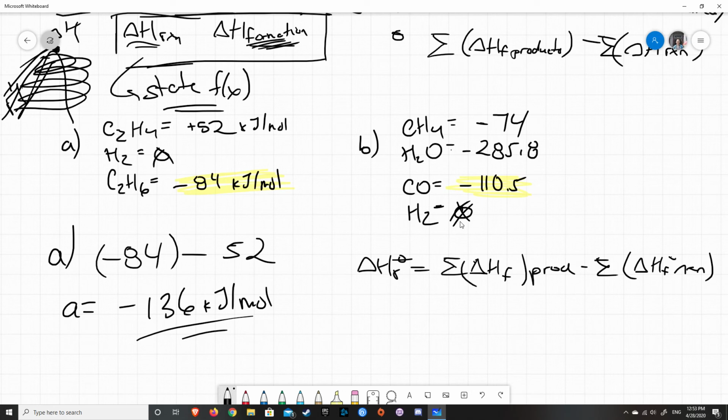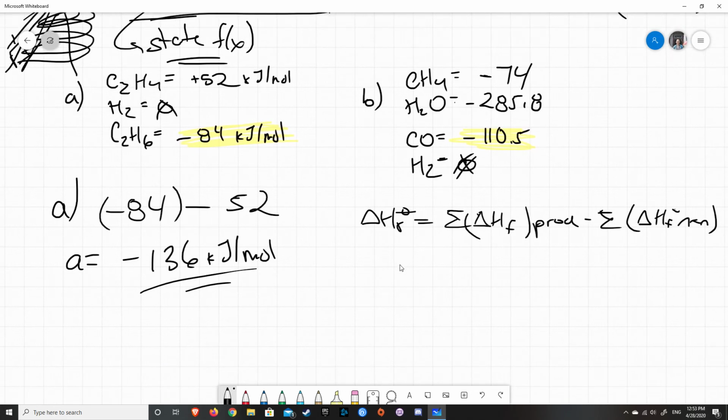So delta H is equal to negative 110.5 minus the sum of these, negative 74 plus negative 285.8.